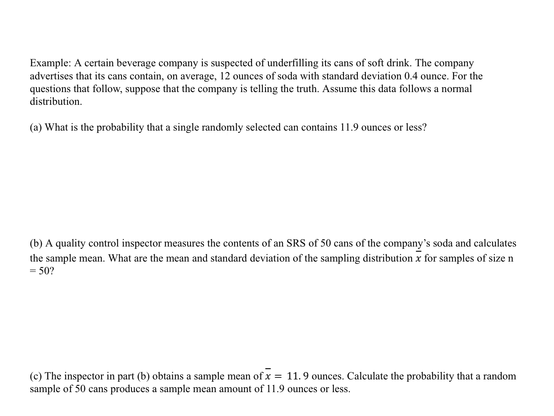So because we're looking at a single can, I don't have to check my conditions. I only have to check my conditions if I'm taking an SRS. But because it's one single can, I don't need to do that. So we're trying to find the probability that X bar is less than or equal to 11.9. So if we go to normal CDF, our lower bound is negative 1E99.